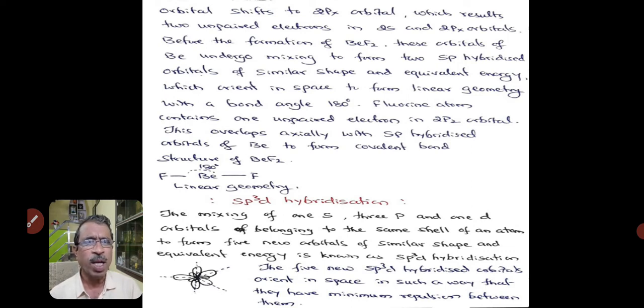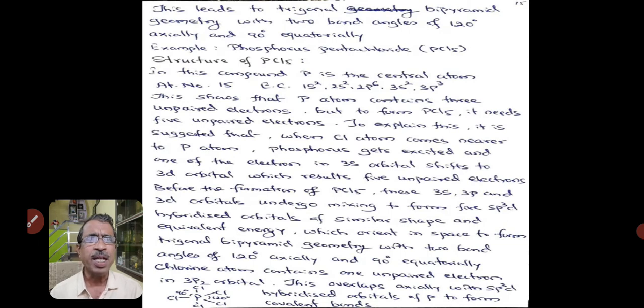The 5 new sp3d hybridized orbitals orient in space in such a way that they have minimum repulsion between them. This leads to the trigonal bipyramid geometry with two bond angles of 120 degree axially and 90 degree equatorially. Example: phosphorus pentachloride.